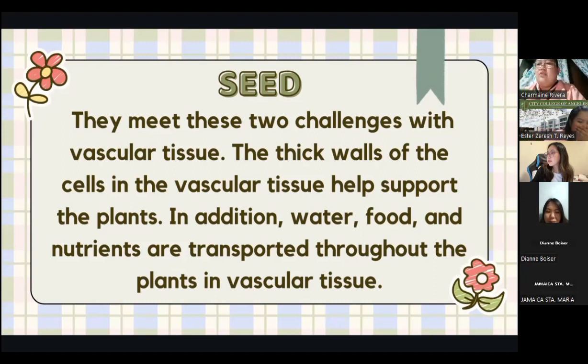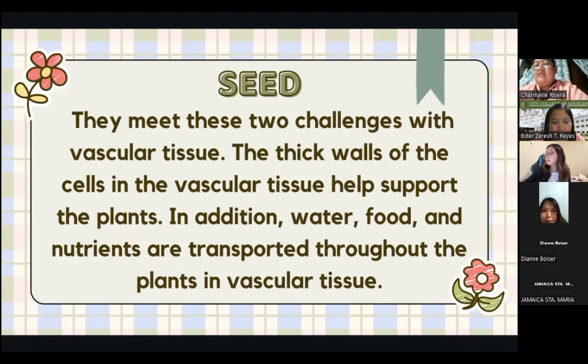For the grade 2, these are my questions. Do you have plants at home? Yes. What are these plants you see in the surroundings at your home? Cactus. Very good. And for the grade 3, why are plants important to us humans?